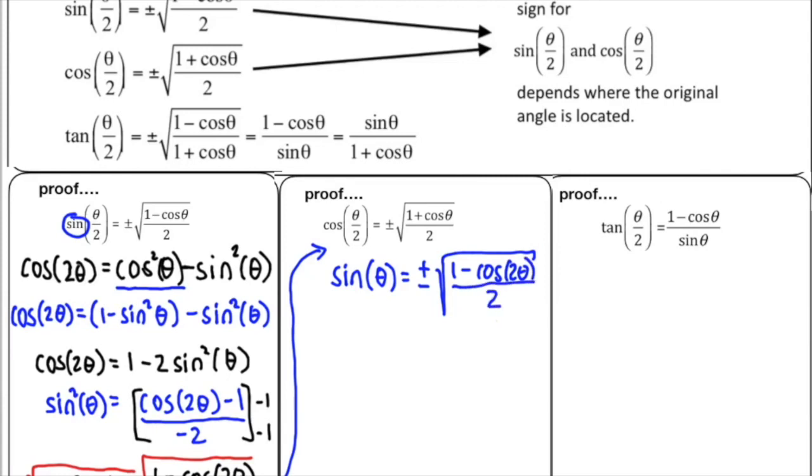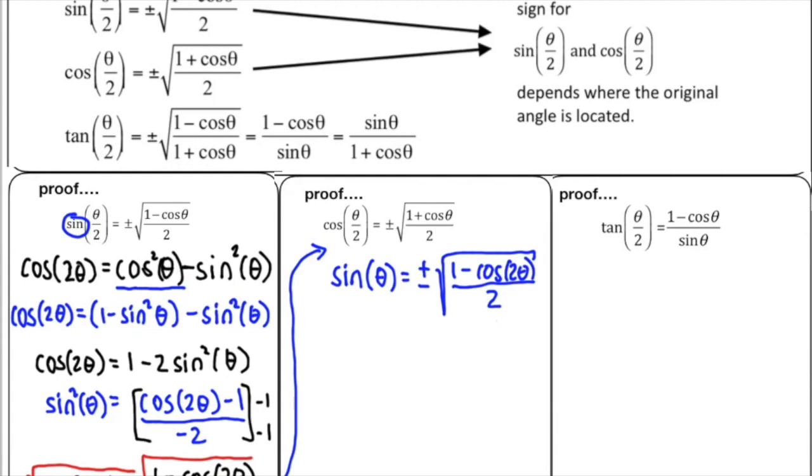Now the final part is that instead of leaving that as just a sine of theta, we're going to put in theta divided by 2.